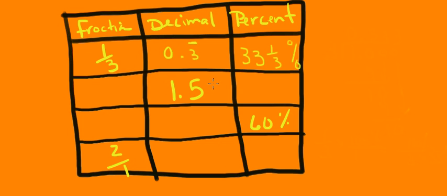So once again, to go from a decimal to a percent, what do I do? I multiply. 1.5 times what? Times 100%. You don't really have to put it over 1. Actually, I don't recommend that.